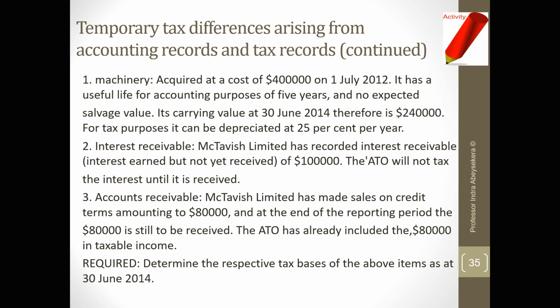So here's another activity that you can conduct. This machinery, interest receivable, and accounts receivable. What you need to find out is the carrying value, the tax base, and the difference between the two, and whether that difference is a deductible difference or a taxable difference, and then apply the tax rate.